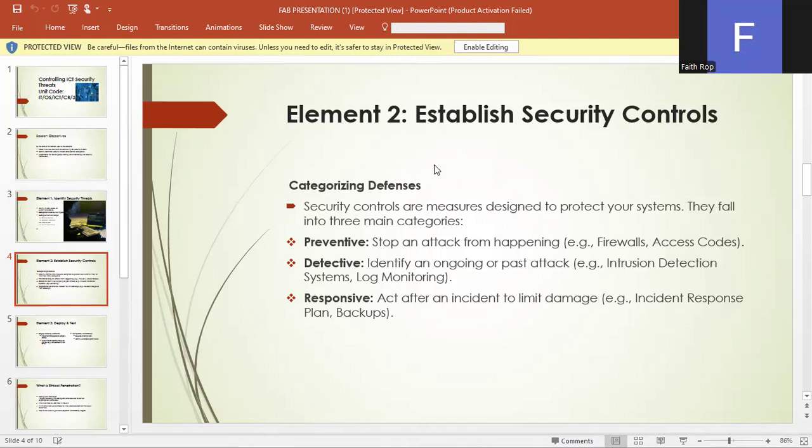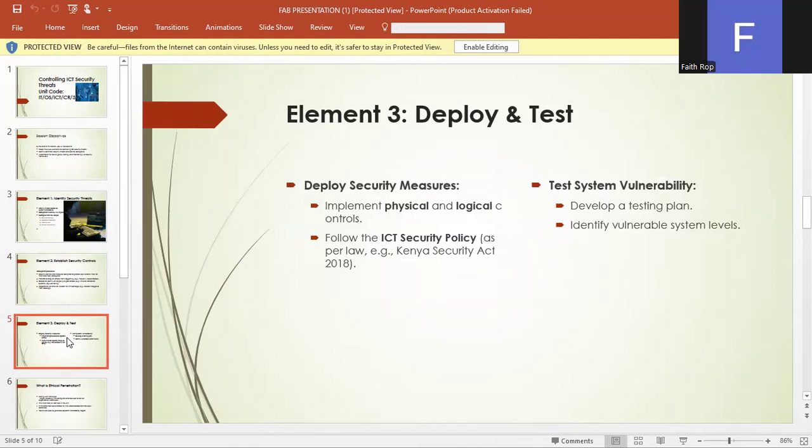Basically, it's the incident response plan and the backups. So when you have identified the vulnerability, you come and establish these security controls. Then after establishing them, you have to deploy and test.